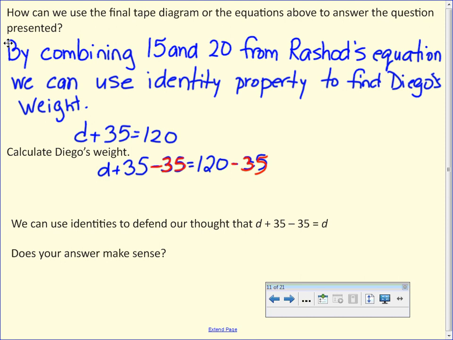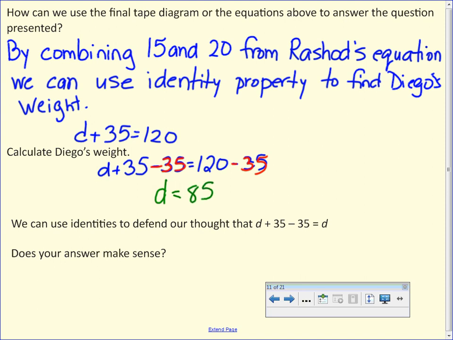So now when I subtract 35 from the left, that leaves me with D. When I subtract 35 on the right, what do I have? Use your margins, not your mental math. Go to your margin, 120 minus 35. 85. Perfect.